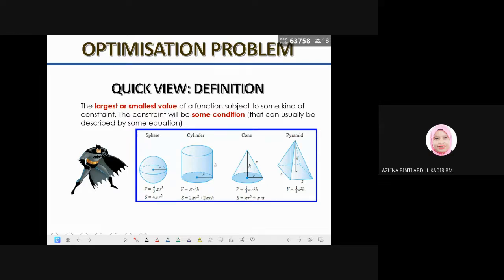Okay, definition. What is optimization problems? That is the largest or smallest value of a function subject to some kind of constraint. The constraint will be some condition that can usually be described by some equation. Okay, biasanya kita guna equation for sphere, cylinder, cone, pyramid. Okay, we have for sphere volume V is equals to 4/3 pi r cube.